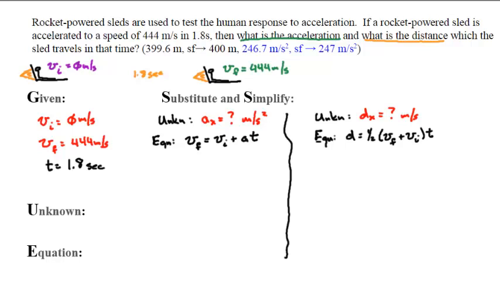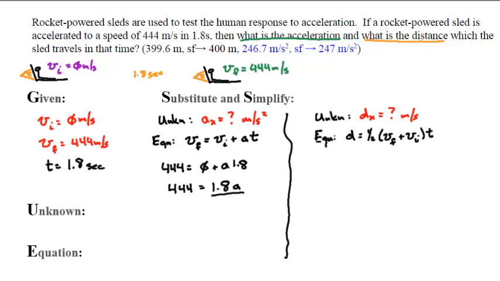If I substitute numbers for letters, my velocity final is 444 equals my velocity initial, 0, plus the acceleration, which I don't know, times time, which is 1.8 seconds. If I clean this up a little bit, because the 0 can drop away, I get 1.8 times acceleration.